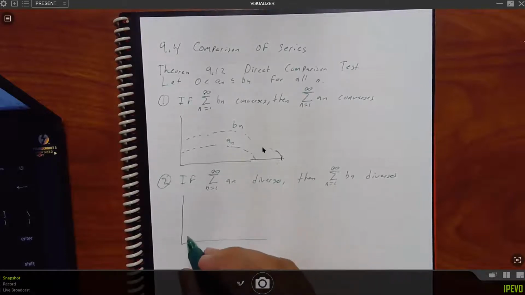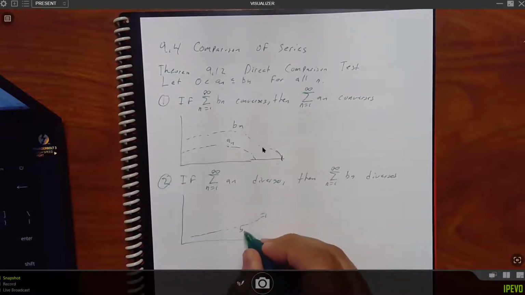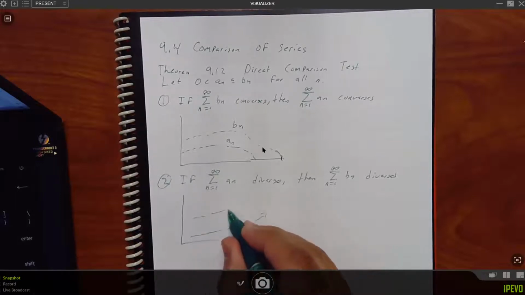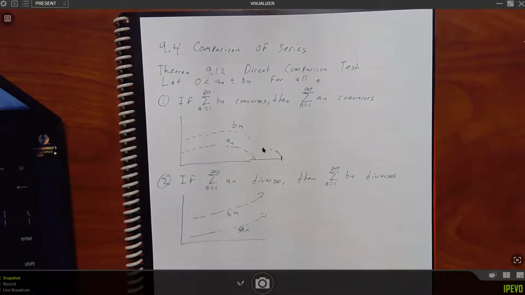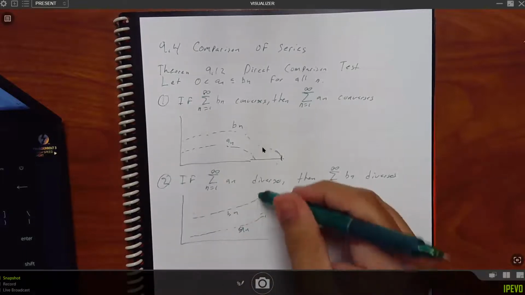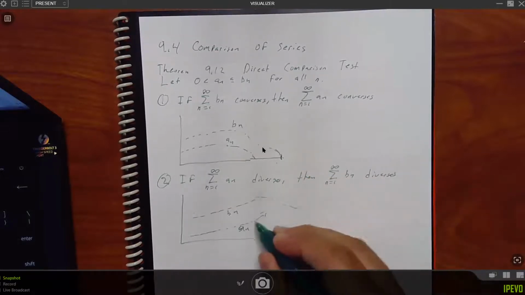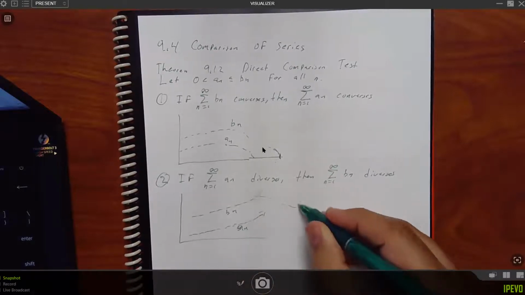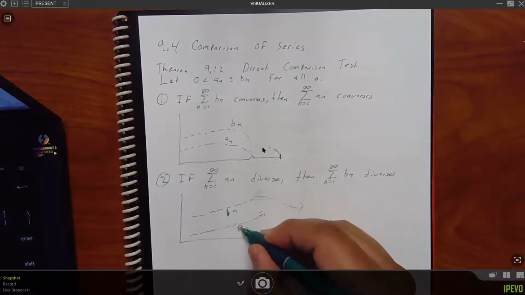If you know the small one, a_n, is going to diverge, that means b_n has to also diverge, automatically. We don't know what it's doing, it's going somewhere over here, but we know this one is going to shoot up, and this is the small one. So of course b_n would diverge as well. Does that idea make sense?